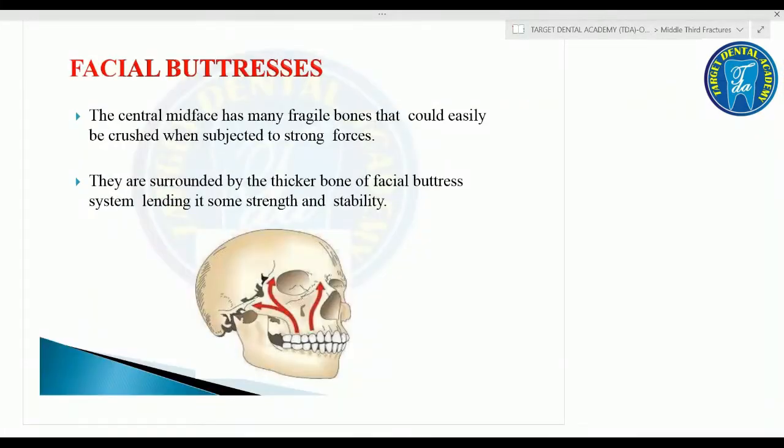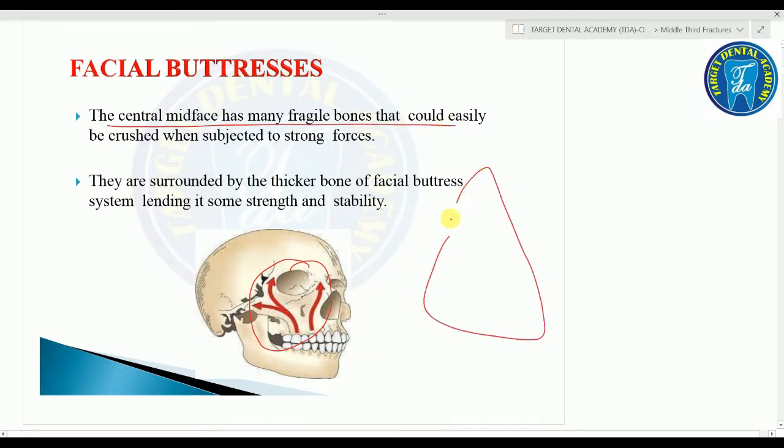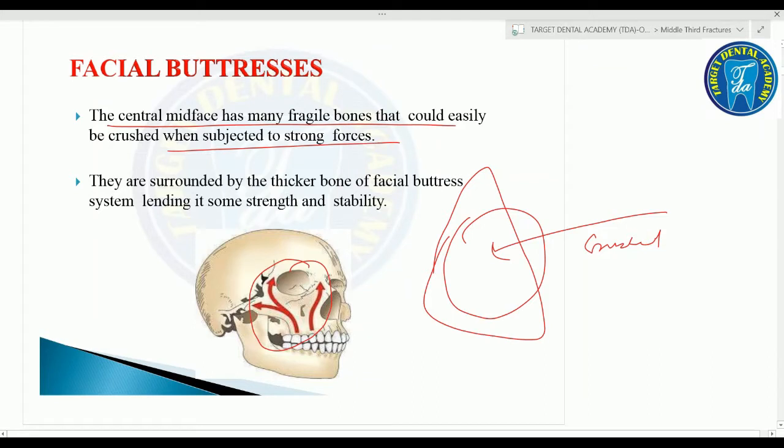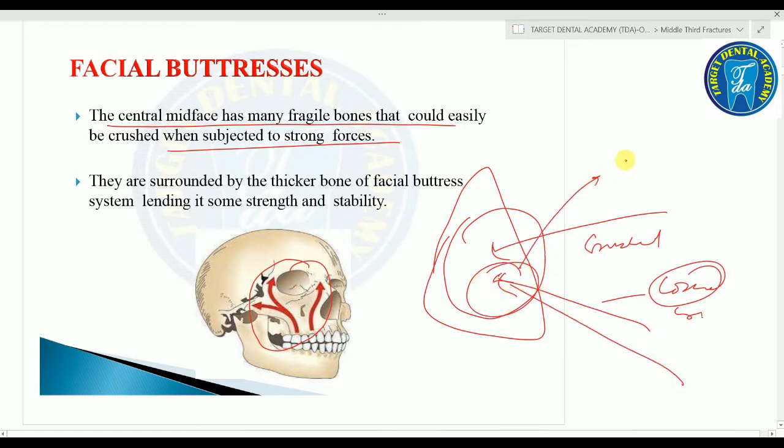So coming on to the facial buttresses. This is the area, the central midface.